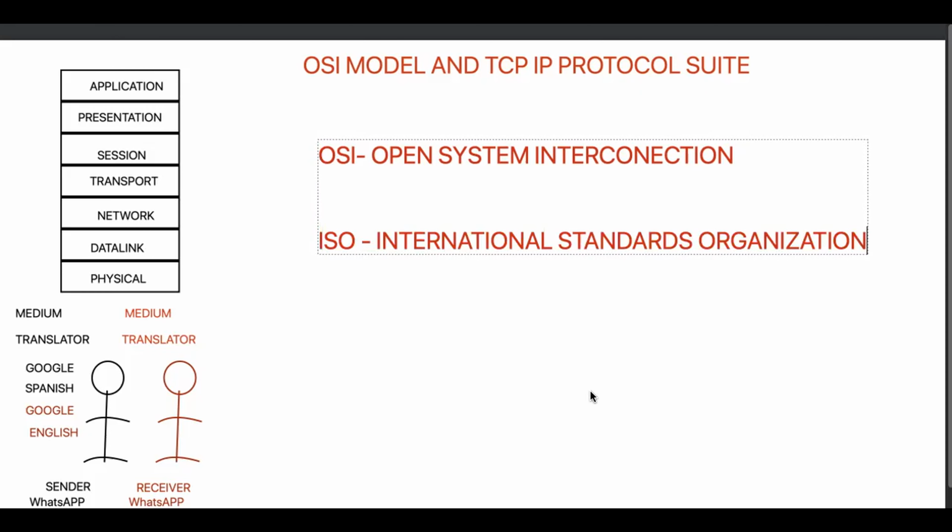So the OSI model, in my own opinion, is the most popular model. However, there is the TCP/IP protocol suite, and TCP/IP is actually the model that is mostly used and implemented in real life, although the OSI model is the most popular one.